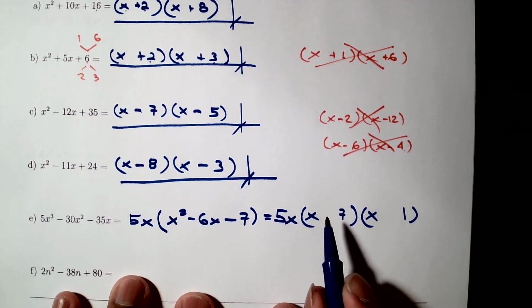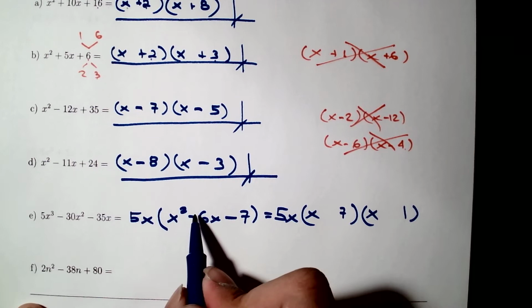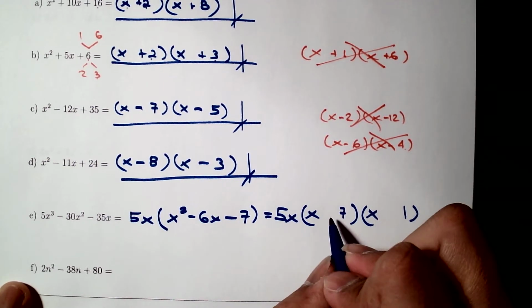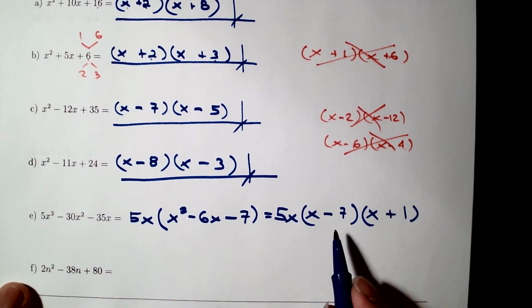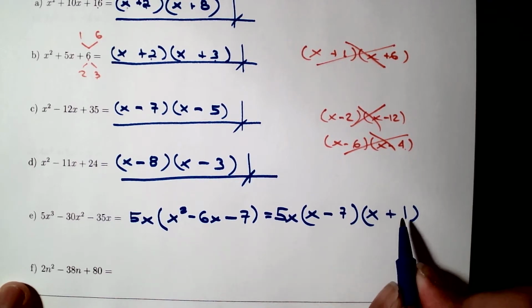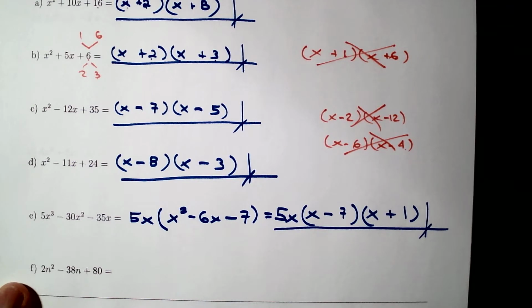However, I need a combination of signs in which the sum turns into a negative number. In order to get that, it is the largest number that has to have the negative. So negative 7 times 1 equals negative 7, and negative 7 plus 1 equals negative 6. Okay.